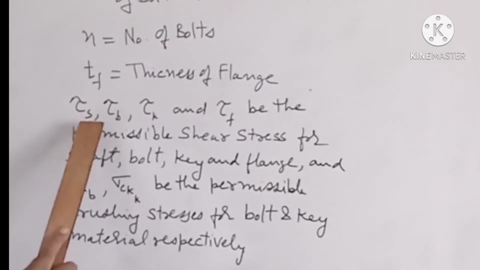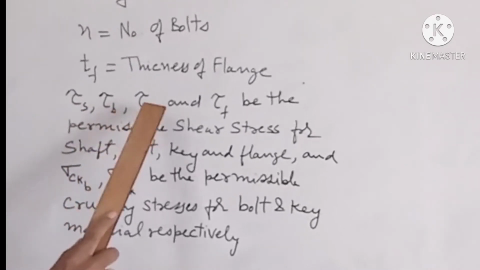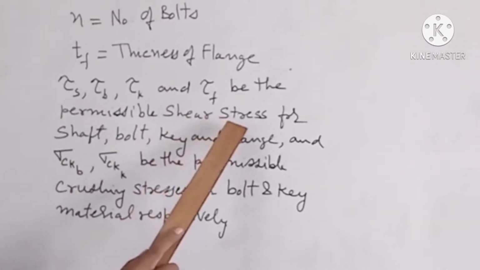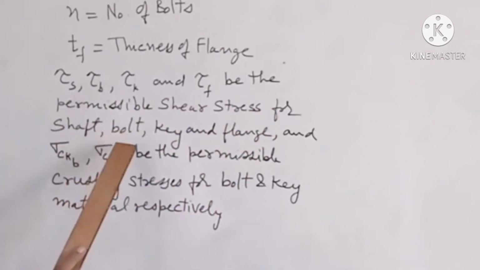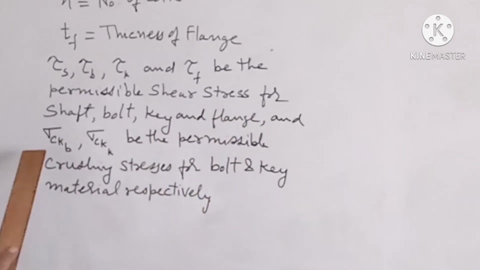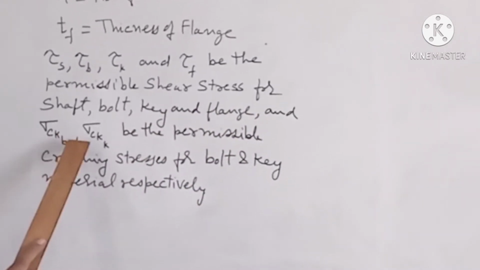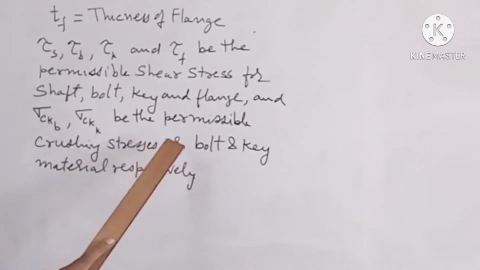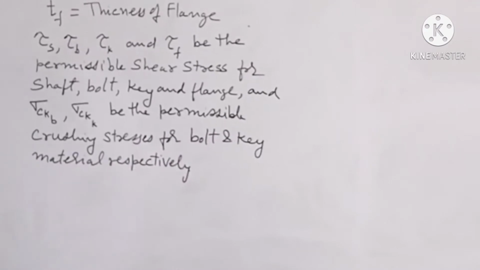Tau s, tau b, tau k and tau f be the permissible shear stresses for shaft, bolt, key and flange material, and sigma cb and sigma ck be the permissible crushing stresses for bolt and key material respectively.